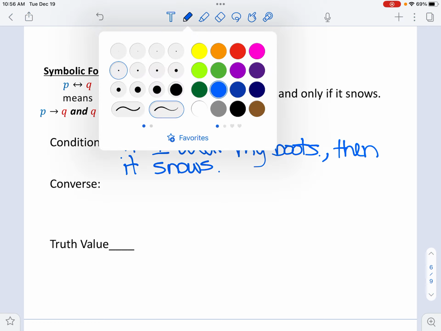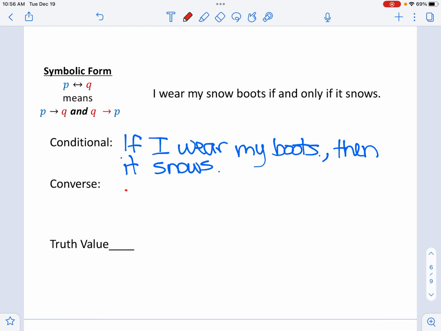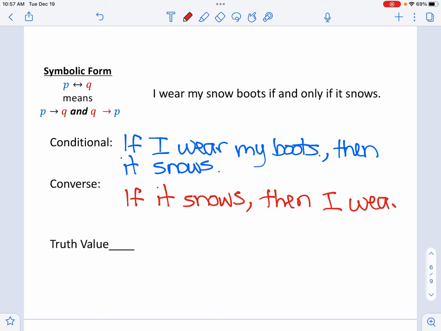Okay, and the converse would be if it snows, then I wear, I guess it says snow boots, then I wear my boots.